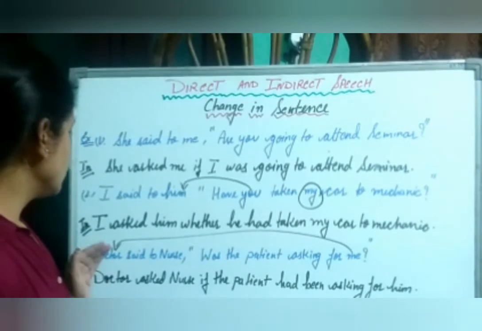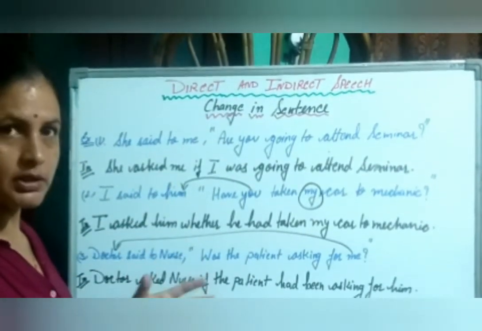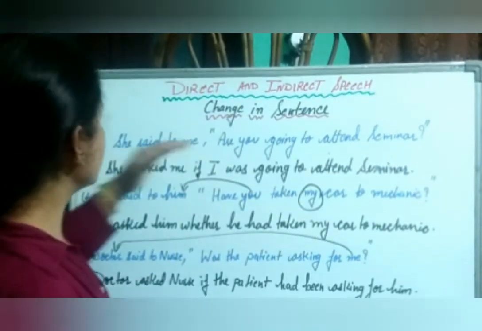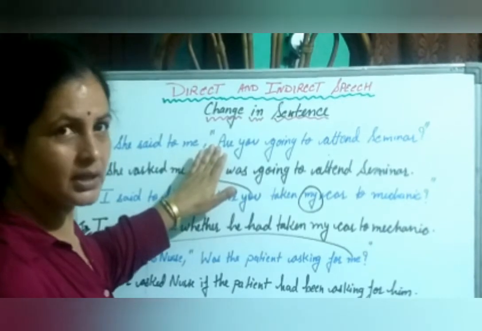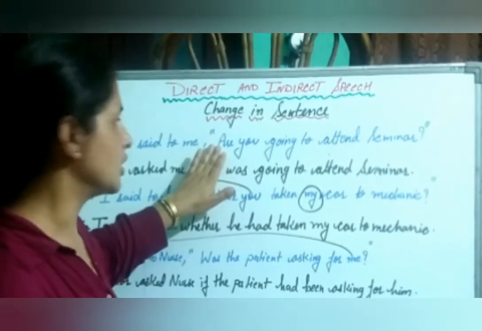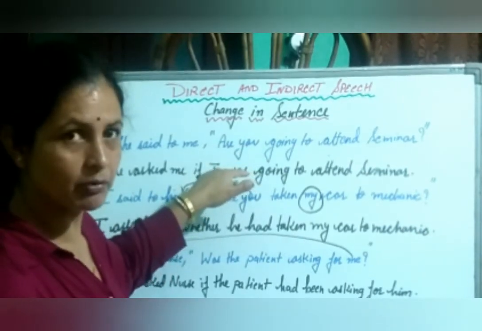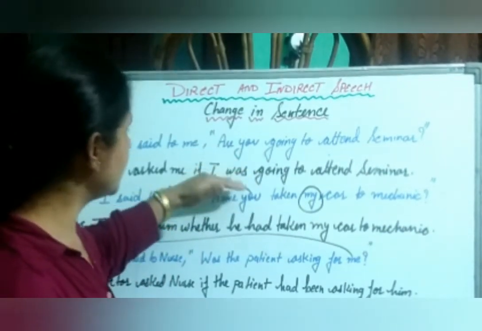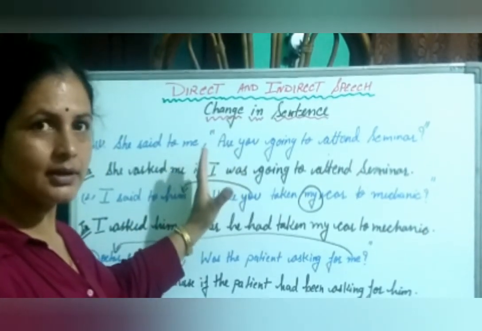Okay. Now children, one thing is important here which you should know: in an interrogative sentence you can see that the helping verb is used before the subject. You can see "are you," the subject is written after the helping verb. But in an assertive sentence the matter is a little bit different.